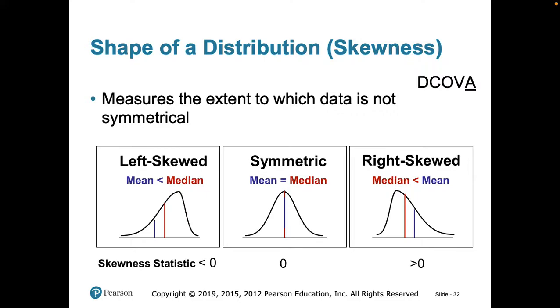So if the mean is less than the median, you're going to have a left skewed data. If the mean equals the median, then it's going to be symmetrical, so that's when you have those bell-shaped curves. And then if your median is less than the mean, or the mean more than the median, whichever way you want to look at it, then you're going to have a right skew. So your skew is going to be right because your median is going to be less than the mean.